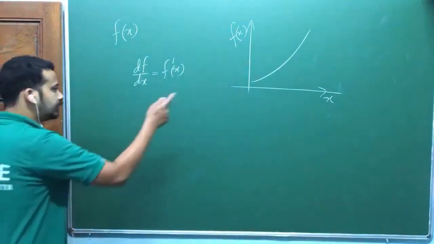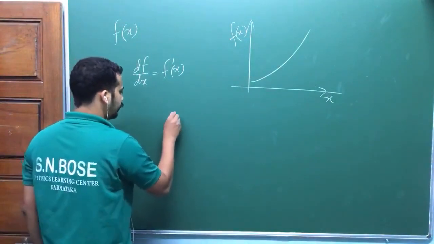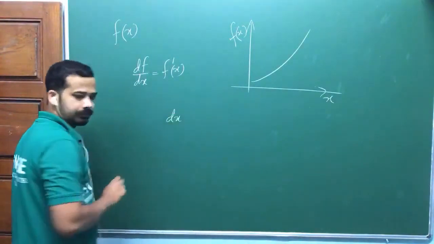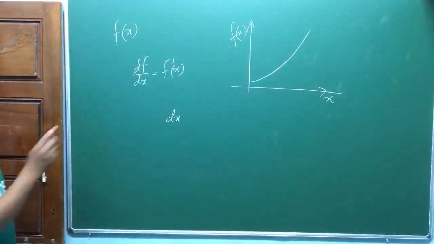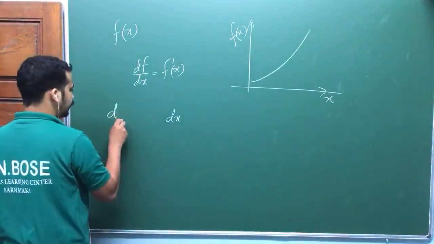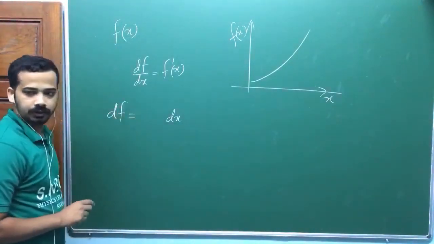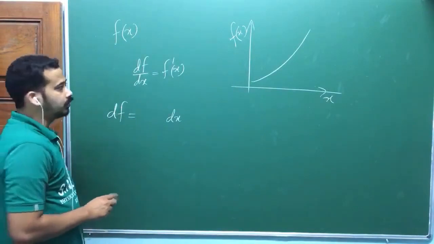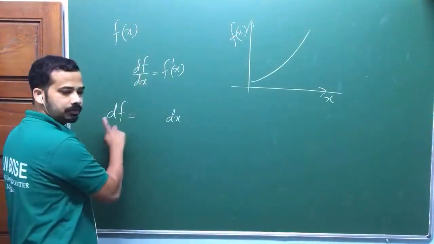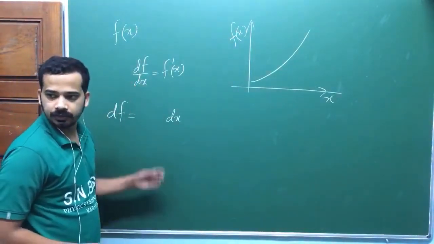Now, if I change that independent variable by a small amount dx, how does f change? Now, this derivative will play the proportionality constant here.